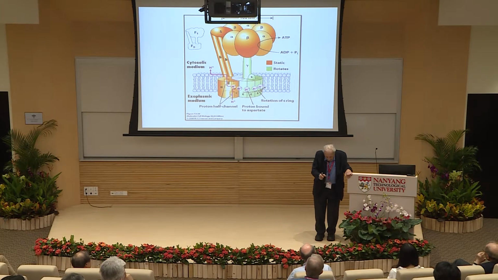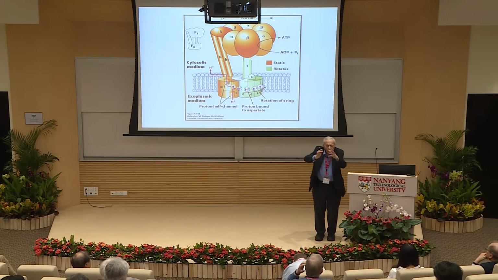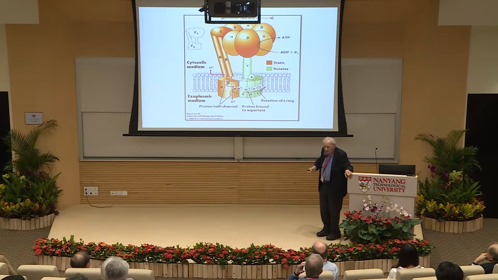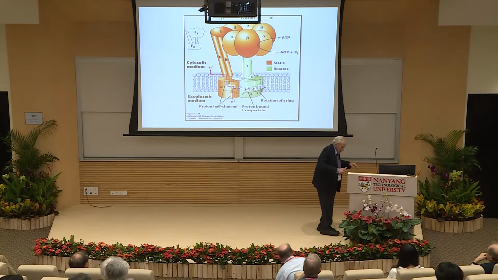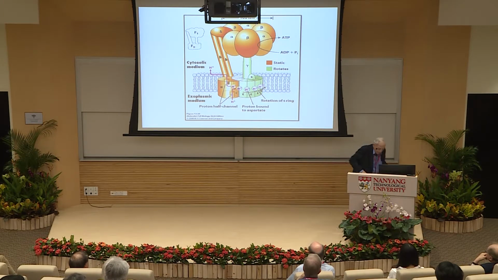Offset channels use an acid-base reaction to actually pull a rotor around, and in the process make this asymmetric rotor do all sorts of things to the things on top of it that permit these subunits to open and close. I mean, it's absolutely ingenious, what nature has done.